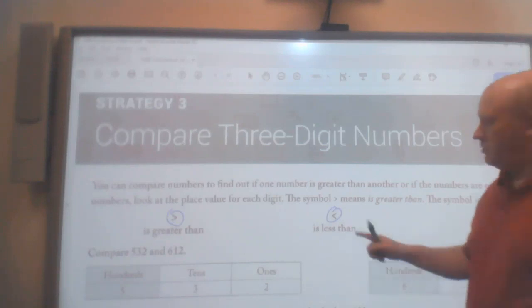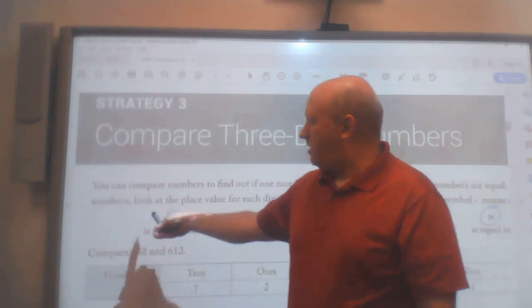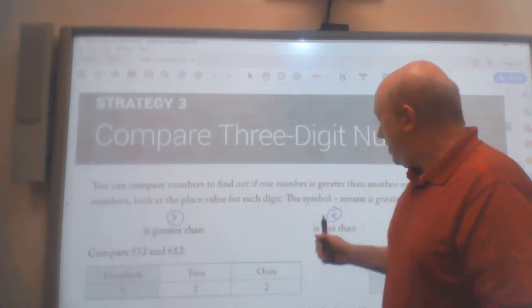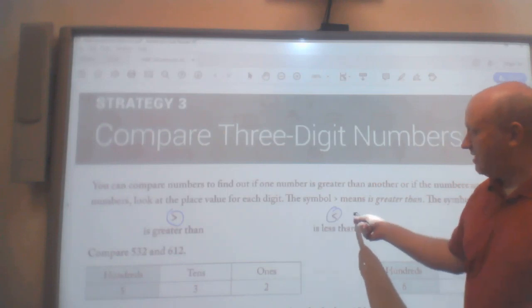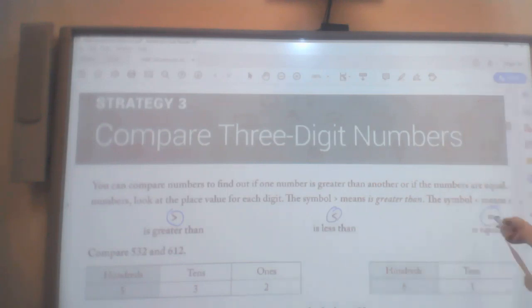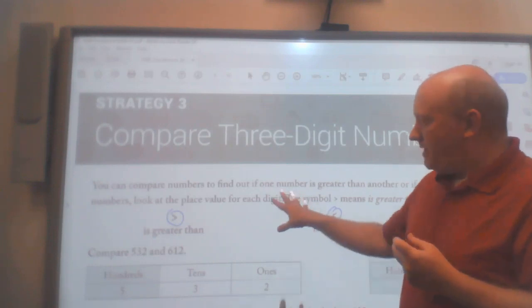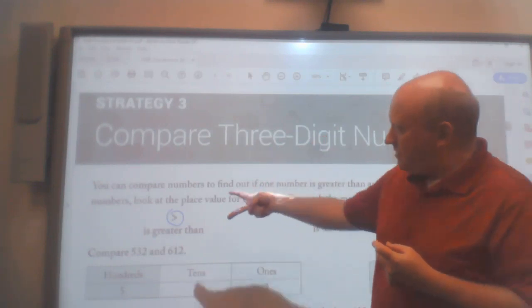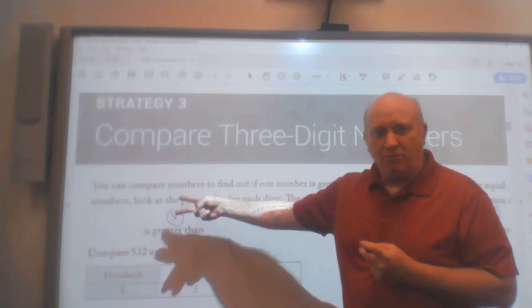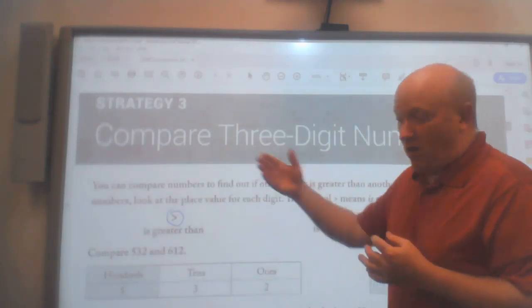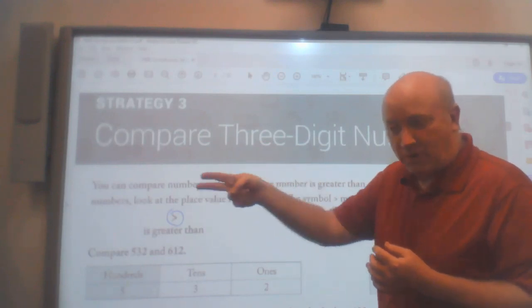Now remember, when you do the greater than and less than, whatever number is here, especially the greater sign, has to be greater than this number. Here, this number has to be less than this number, and these 2 numbers have to be the same. Remember, the easiest way to do these symbols is the mouth. Think of the symbol as a mouth going towards lots of food. Larger amount of food, the mouth will go to it.